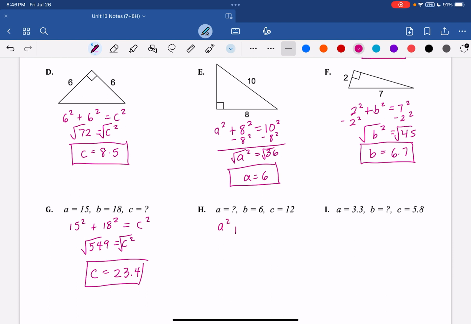a squared, we don't know, plus 6 squared equals 12 squared. So a squared is equal to 108. Square root both sides. a is 10.4. Now I know I'm going really fast with these. I actually did these previously, so I'm not typing these in the calculator right now.